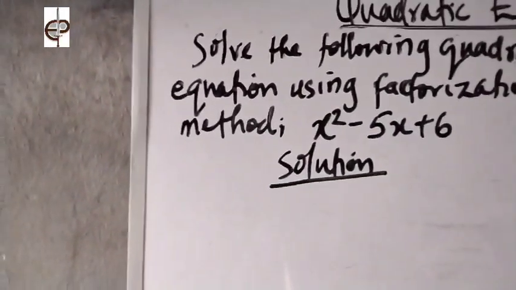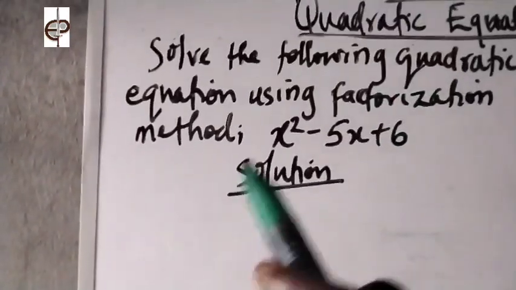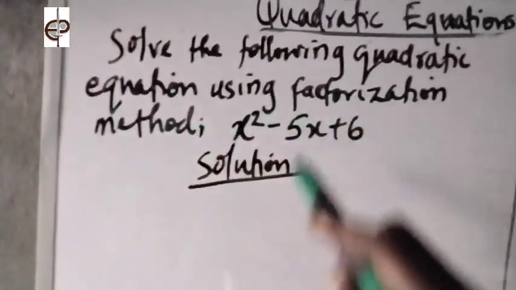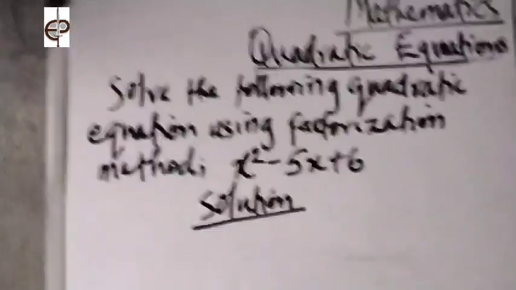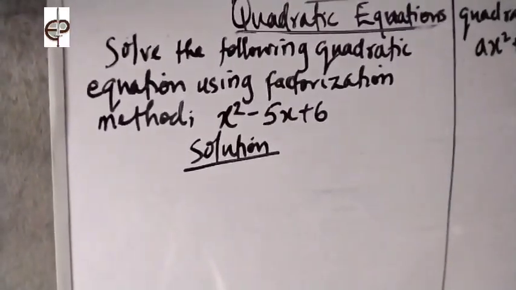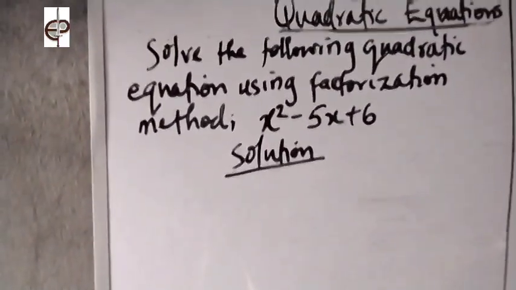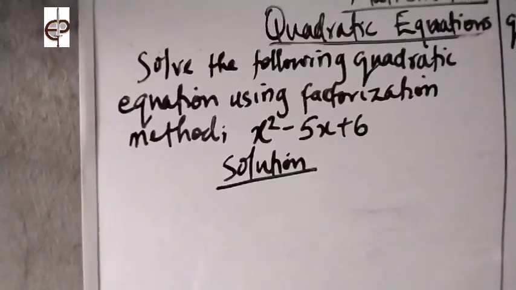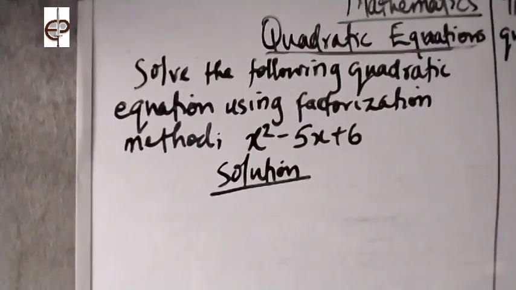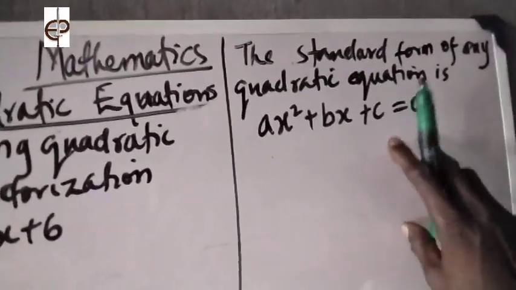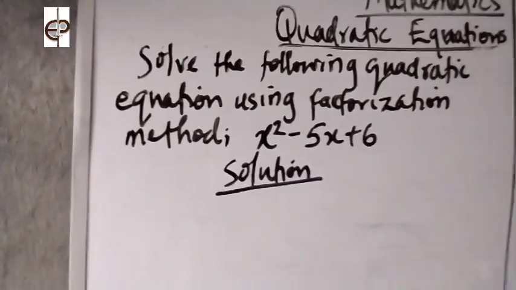We are constrained by this question to use the factorization method. And because that is what we are confined to, we are going to use the method. Our first concern is to follow the 3 steps to get the factors, and hence we equate it to 0 as the case is in the standard form, and then we get the values of x.